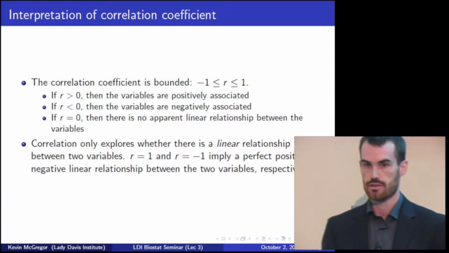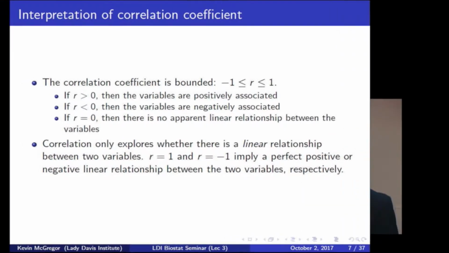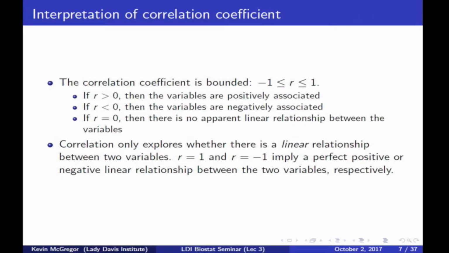And the word linear is very, very important when we're looking at Pearson's correlation coefficient, because correlation only measures whether there is specifically a linear relationship between the two variables.